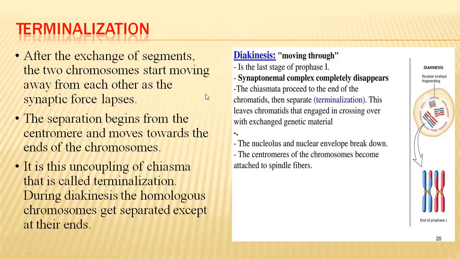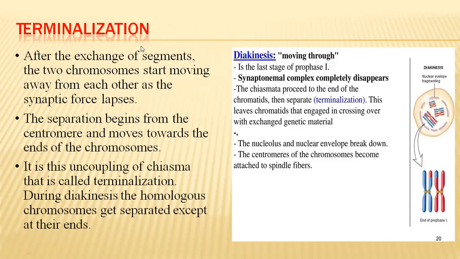Finally, the synapsed chromosomes get separated from each other. This process is called terminalization. In the first stage, they followed a zipping process, closing the zip to bring them together.